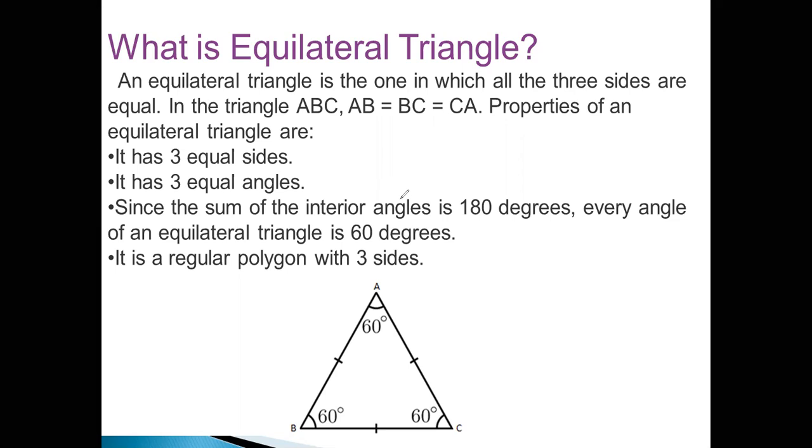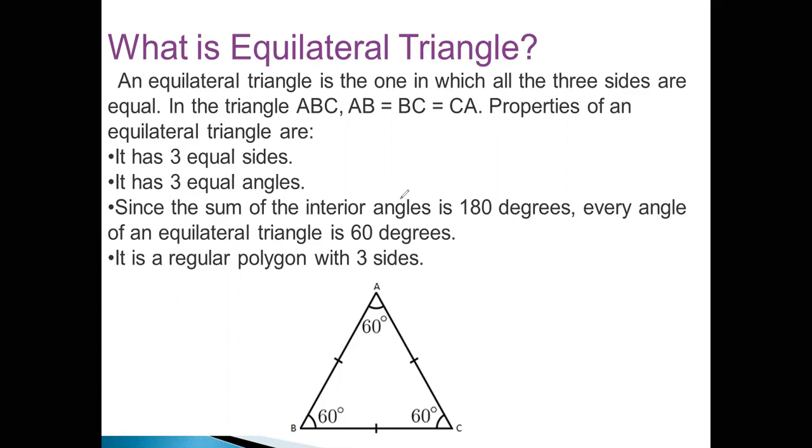The first one is the scalene triangle. In the scalene triangle, all the sides are unequal and all the angles are unequal. Then we saw the isosceles triangle, where two sides are equal and two angles are equal.